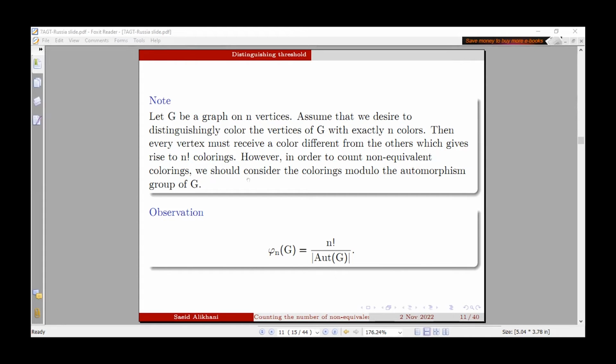However, in order to count non-equivalent colorings, we should consider the colorings modulo the automorphism group of G. So we have this nice observation for the number of n-colorings. N is the order of the graph G. We have the n-colorings of the graph G obtained by n factorial over the number of automorphisms of the graph G.